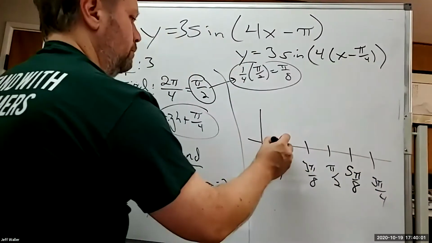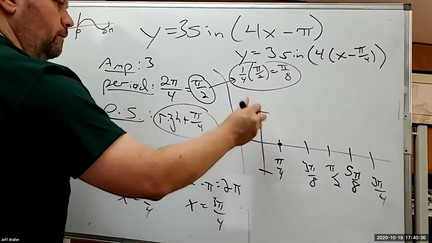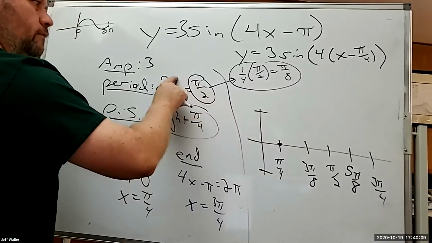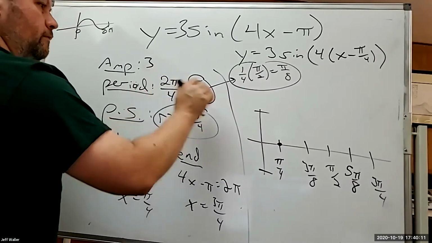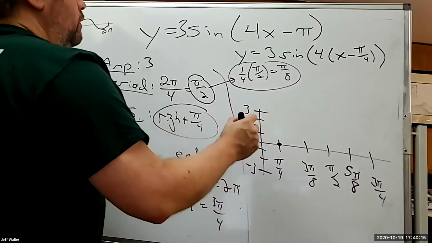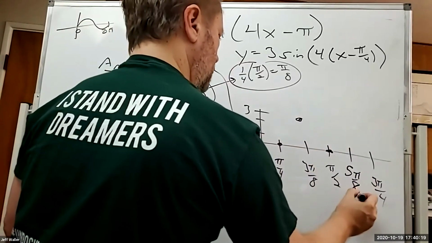And now you just plop one there. What's this going to be? Three. Did I forget anything? No. Okay. So now you just plop, plop, plop, plop, plop.